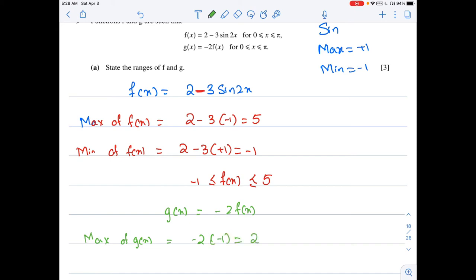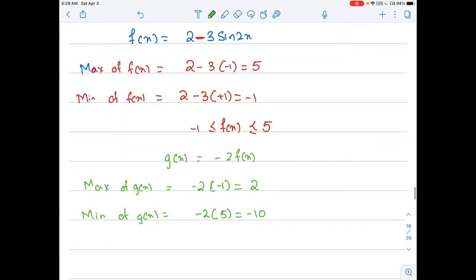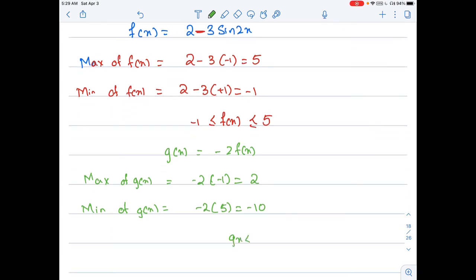So it becomes 2. Similarly, to get the minimum value of g of x, I should substitute the maximum value of f of x, which is 5, which gives negative 10. So therefore, the range of g of x will be negative 10 to 2.